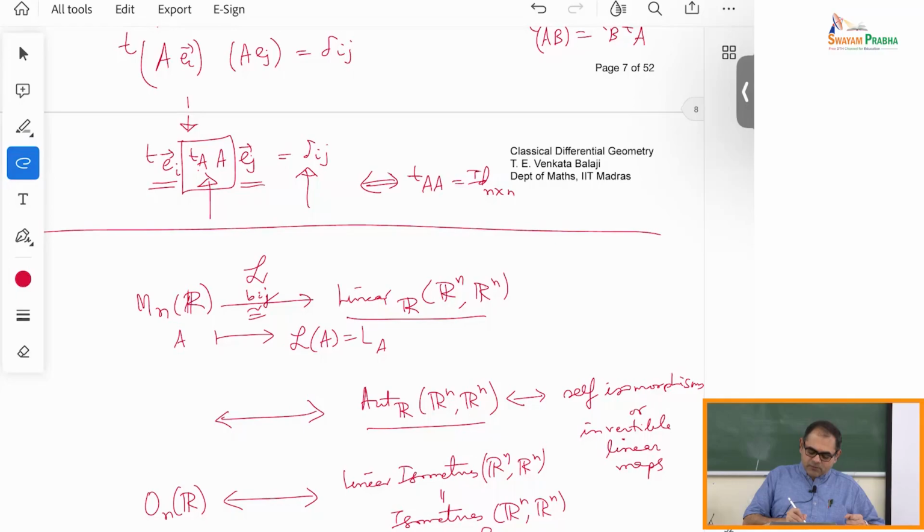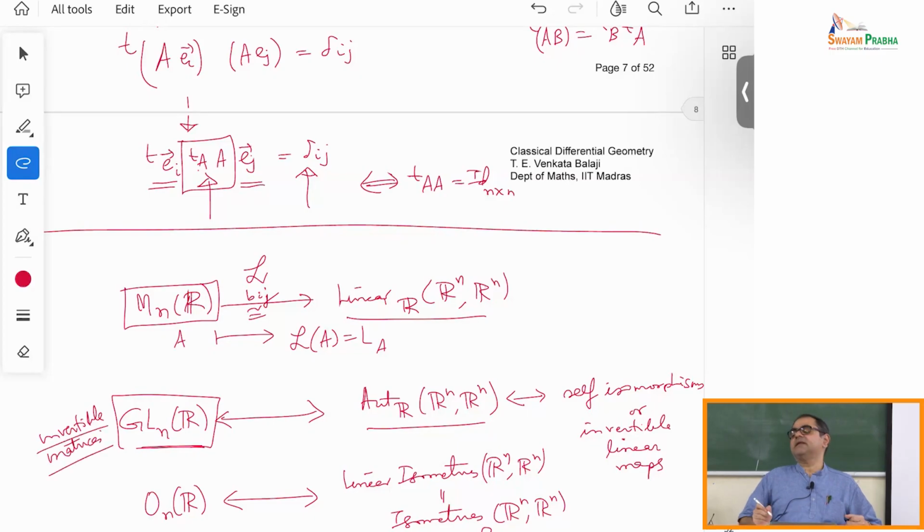On this side, this will correspond to what is called the general linear group. GLn R are the invertible matrices. So on this side, Mn is all matrices, GLn is invertible matrices, essentially the matrices with determinant not zero. A square matrix is invertible if and only if its determinant is not zero. This is something that you study in linear algebra.